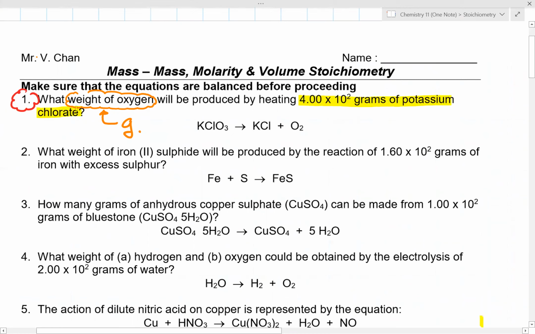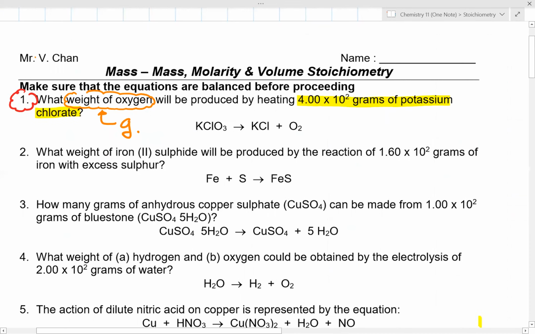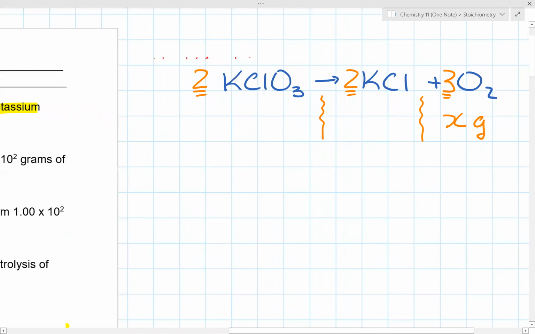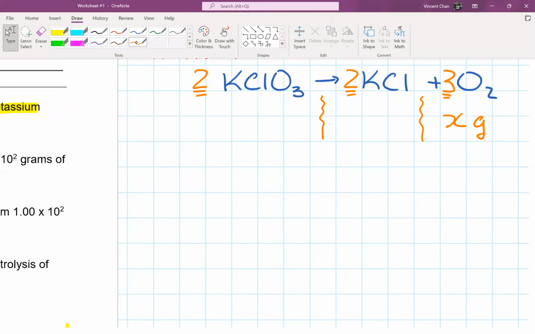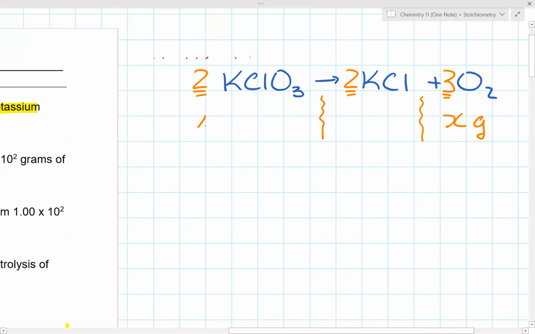Now, this is where you need to remember chemical naming. What is the formula of potassium chlorate? In this case, that would be KClO3. So here you would have 400 grams. Now, do you need to worry about KCl?